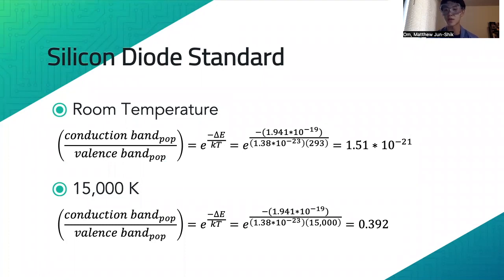Given the current intrinsic band gap energy, when the temperature is at 15,000 Kelvin, we get a ratio of 0.39, which would make it a good conductor. However, there is no practicality to this, as that is an incredibly high temperature, and thus a better option would be to add dopants that decrease the band gap.